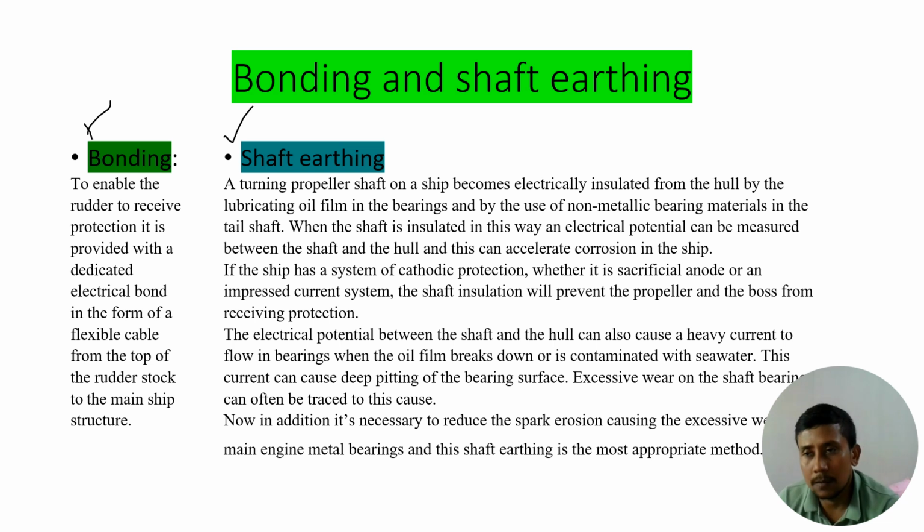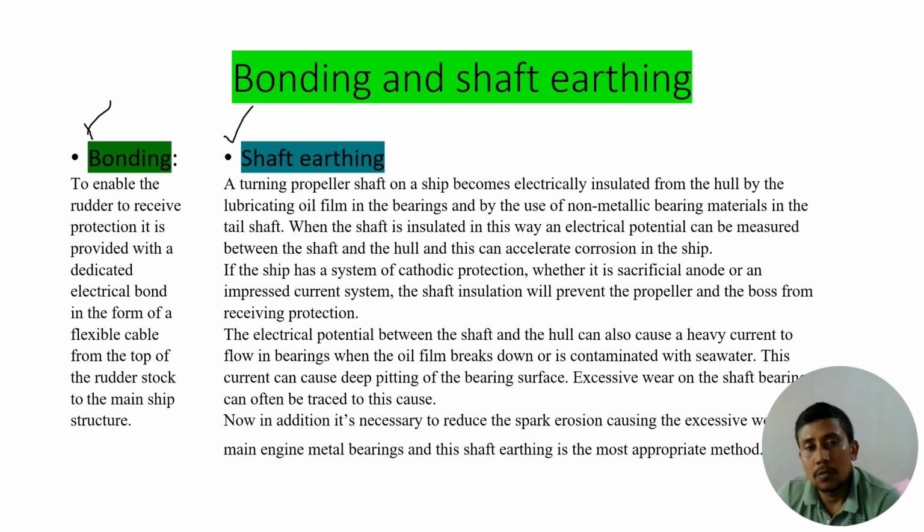This current can flow through the bearings, through the shaft and through the crankshaft and bearing, and it can cause very small welding in the bearings, and this can lead to a catastrophic disaster to the main engine. So to prevent this spark erosion, shaft earthing is essential.